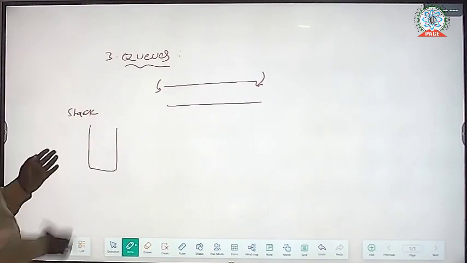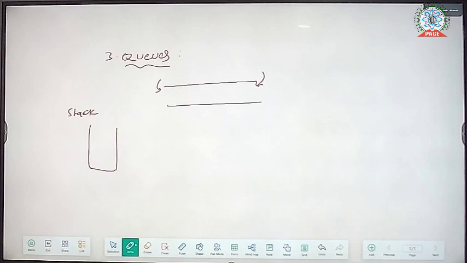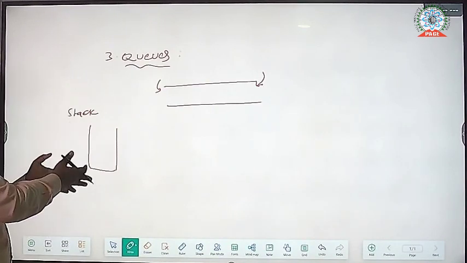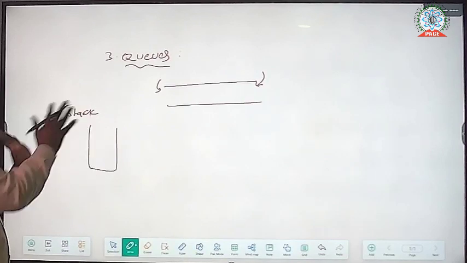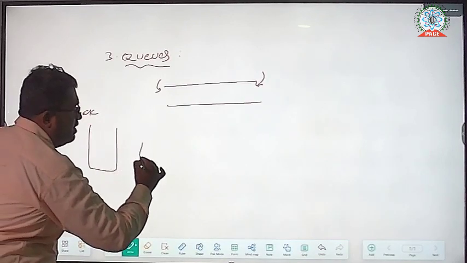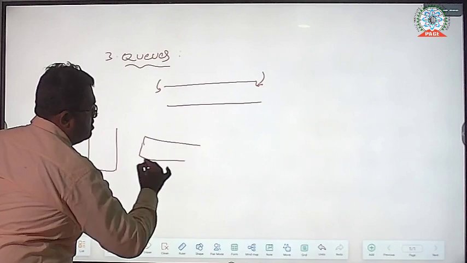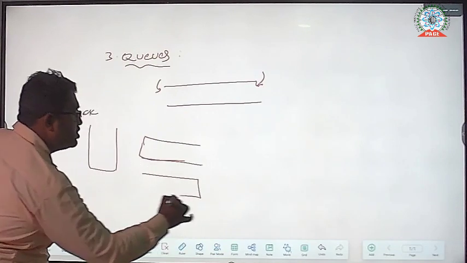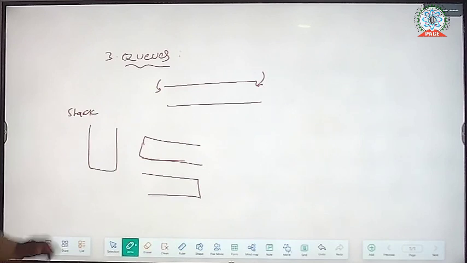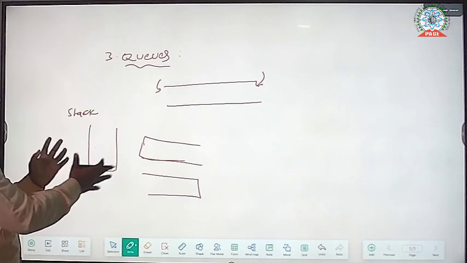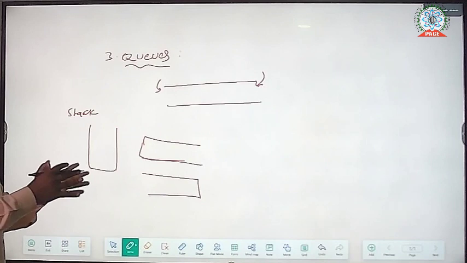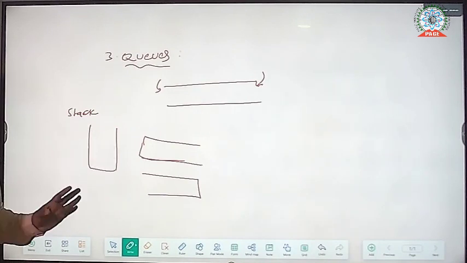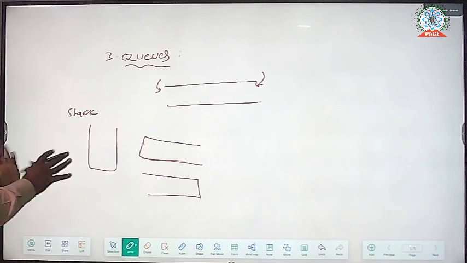Now you may ask one question: sir, is there any necessity to draw the stack representation like this only? No, we can draw the stack like this also, no problem. You can draw the stack representation in any way. The way of drawing the diagram is not that important, but the arrangement is very, very important.